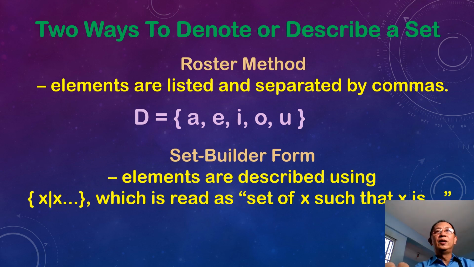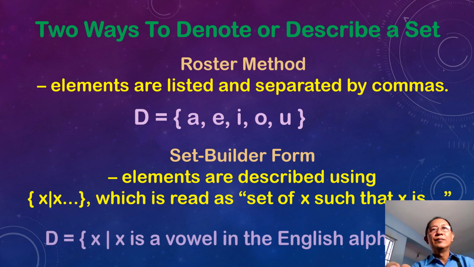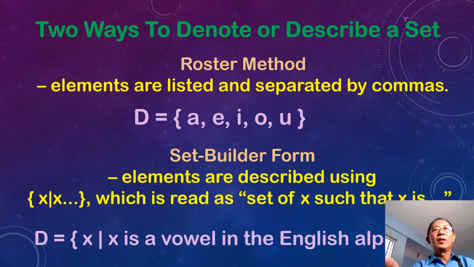In set builder form, the elements are described using x such that x is, and so on. When you read this, set D is the set of x such that x is a vowel in the English alphabet.